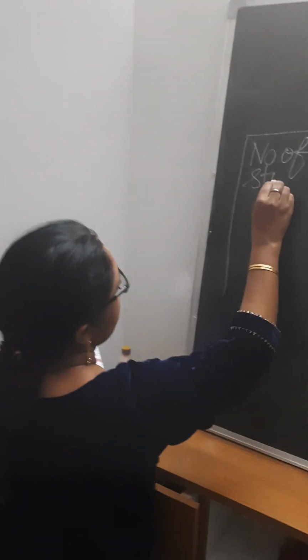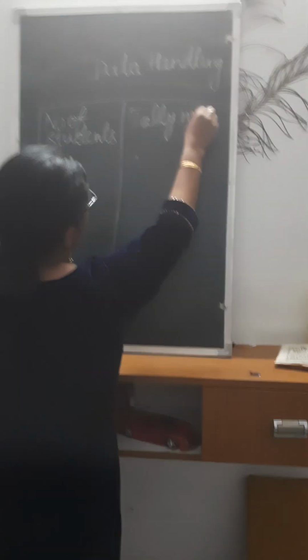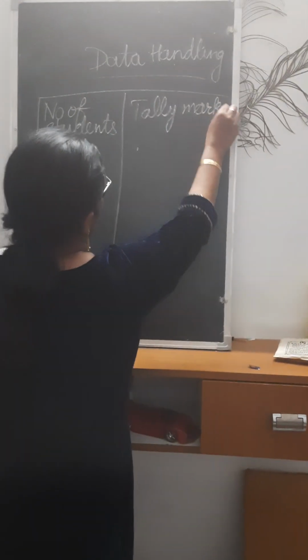So we are going to make it like this. Number of students. Okay, tally marks. Now how will the information be depicted in tally marks?